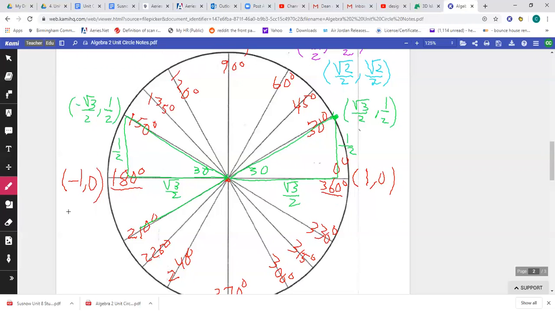If I draw my 30-degree angle here, my x is still √3/2 and my y is also 1/2. So my coordinates here would be negative √3/2, negative 1/2. You see that I'm using the same x and y value for all of these triangles, except the signs are changing based on where I am located.